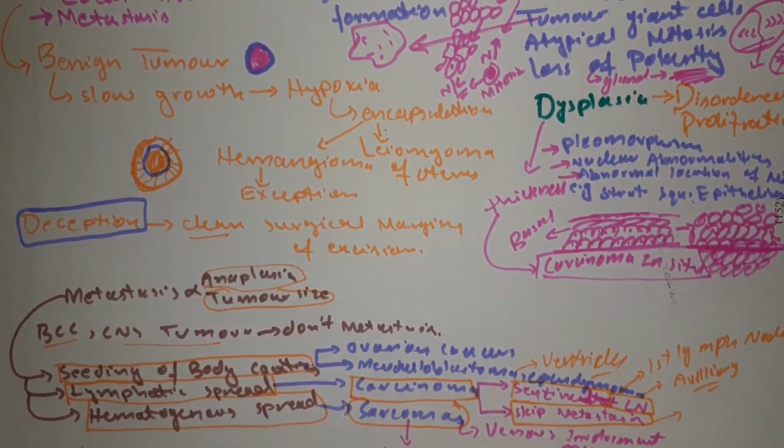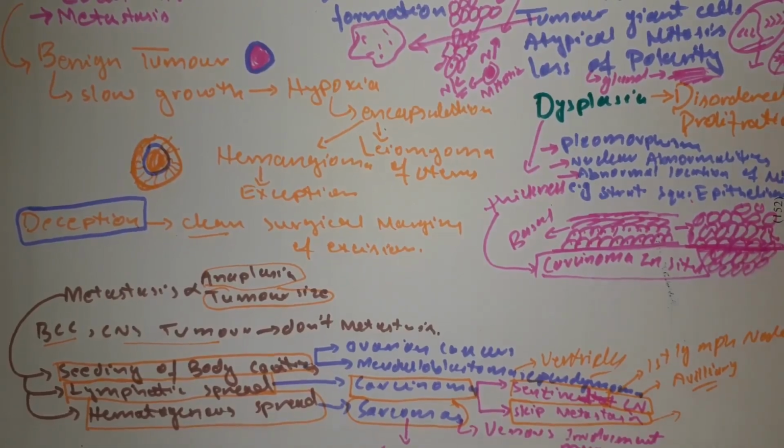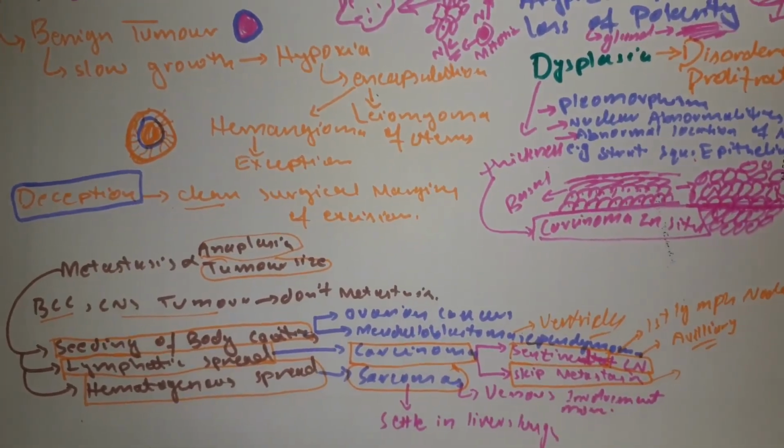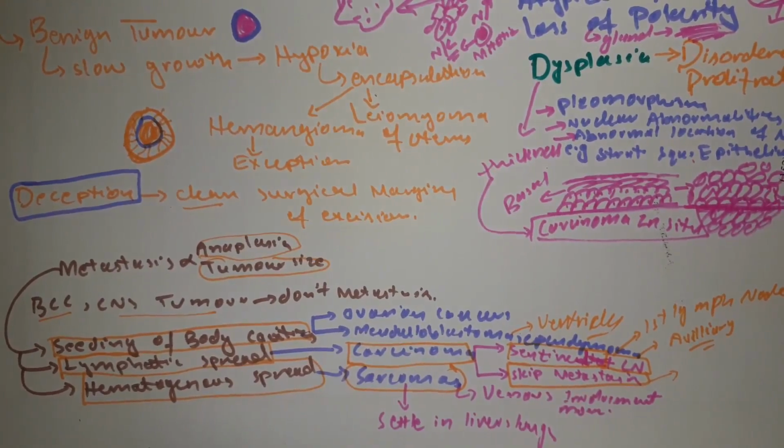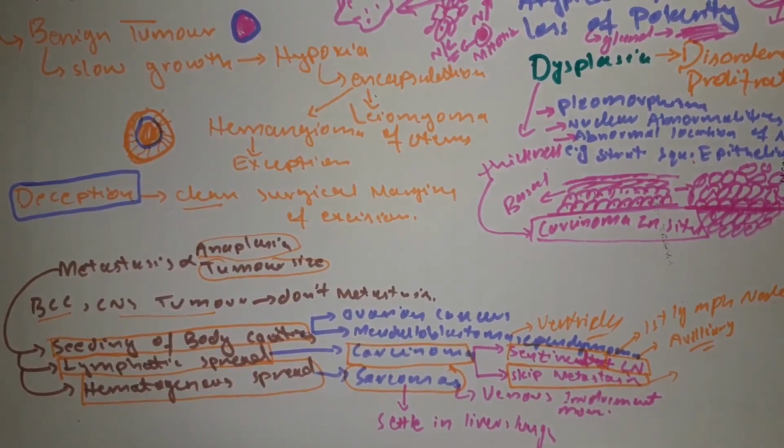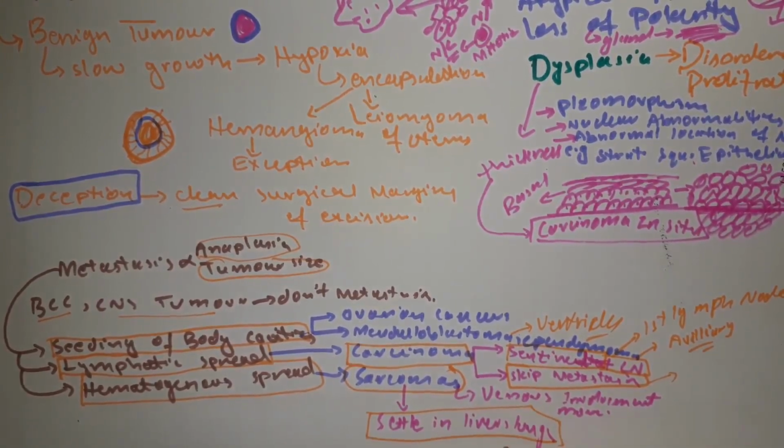The sarcomas mostly spread into blood vessels and by blood, and this mode is commonly seen in different body tissue tumors, which we will study individually in the different systems. However, we discuss the principal site of their settlement. They mostly settle in the liver and lungs.